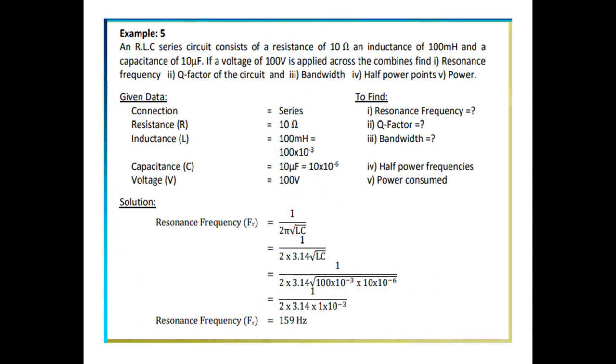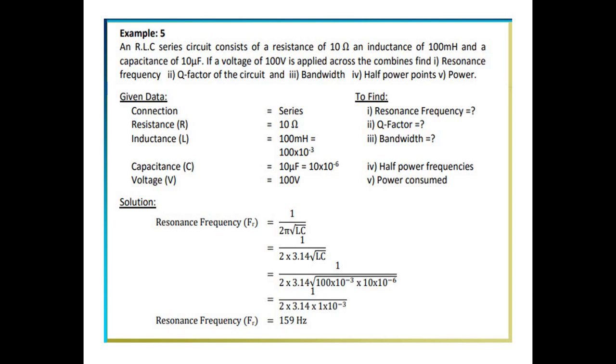Next, an RLC series circuit consists of a resistance of 10 ohm, an inductance of 100 millihenry, and a capacitance of 10 microfarad. If a voltage of 100 volt is applied across the combination, find first the resonance frequency, second the Q factor of the circuit, third the bandwidth, fourth the half power frequency, and fifth the power.